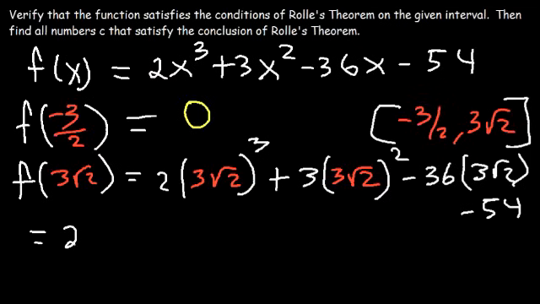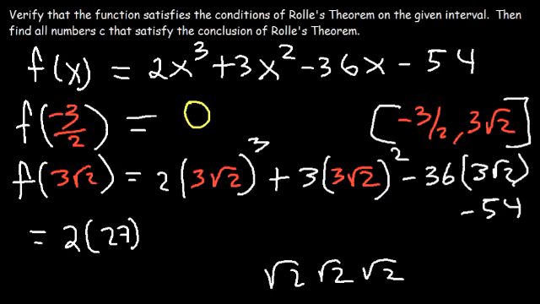So 3 to the third power is 27, and the square root of 2 raised to the third power, that's basically square root 2 times root 2 times root 2. The square root 2 times square root 2 is square root 4, which is 2. So it turns out to be 2 root 2.